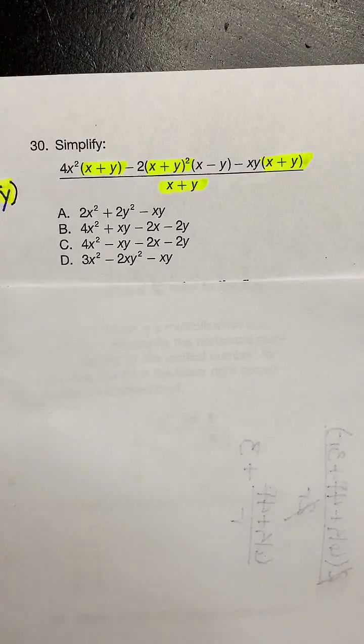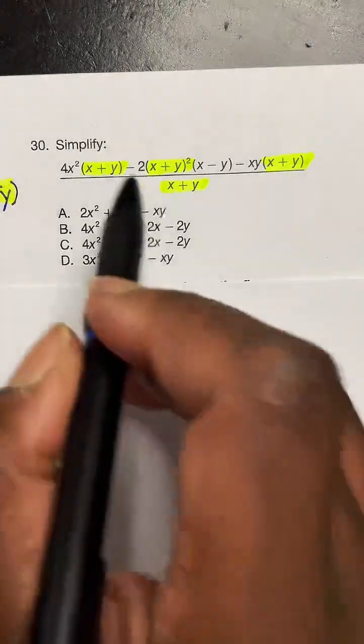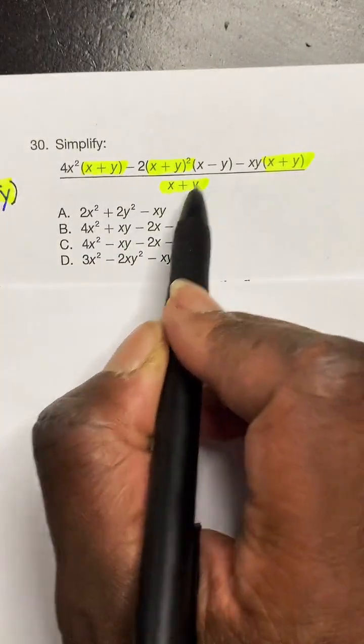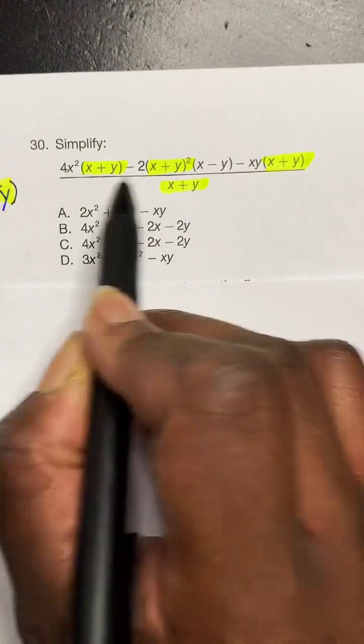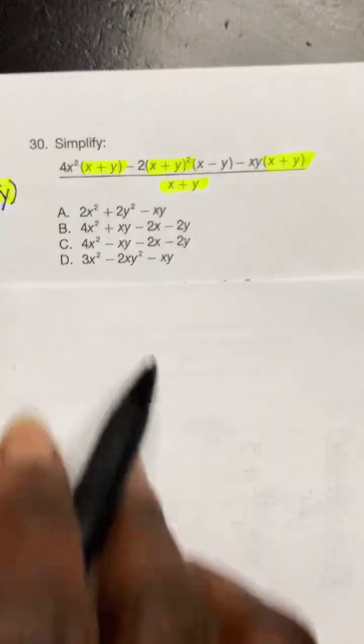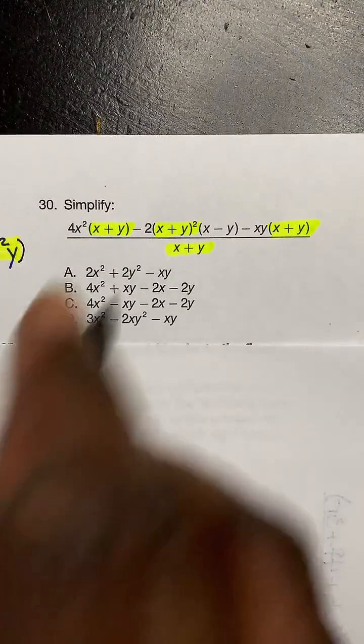So if we divide everything up individually, each of these terms is going to be divided by x plus y. Maybe I should write it out so you can see it. So we have our 4x squared times x plus y, and we're going to divide that by x plus y.